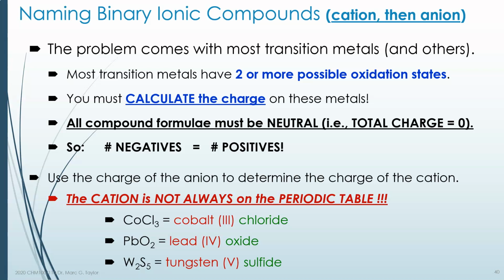And if you have 2 that give you a charge of +10, then each one must have been +5. Therefore, the name is tungsten-5, that's the cation, and sulfide. So you always name the cation first, tungsten-5, or cobalt-3, or lead-4, and then you name the anion, chloride, oxide, sulfide. And it's always done this way for binary ionic compounds.